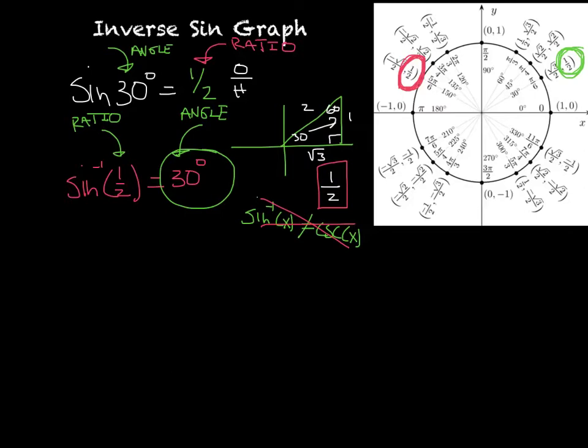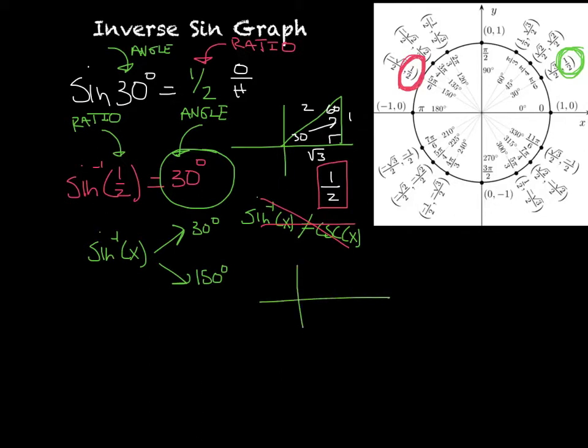For this reason, in order for the inverse sine of x to be a function, you cannot get back two answers. You can't get 30 degrees and 150 degrees, because if so, it would not be a function. How do we know? It wouldn't pass the vertical line test.